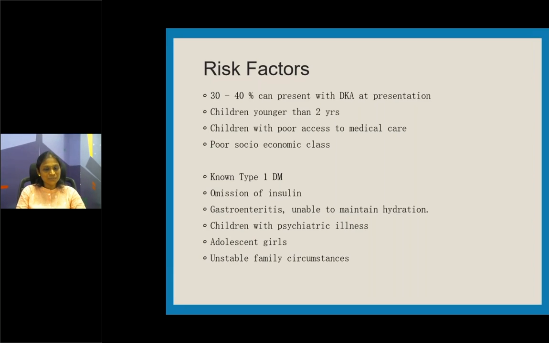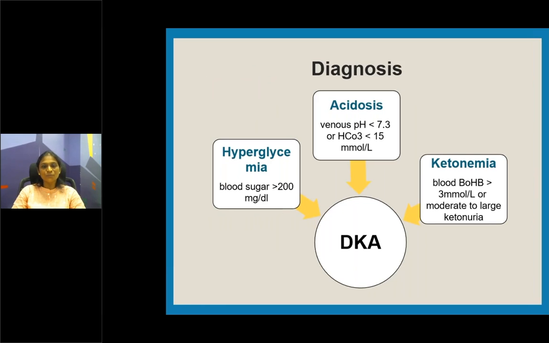Adolescent children, children with psychiatric illness, and unstable family circumstances all play an important role in correct and appropriate use of insulin. All these are a hindrance, and the continuous treatment of insulin may not be possible in such conditions.